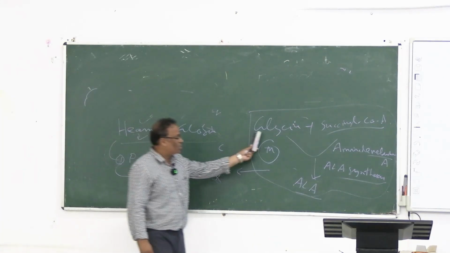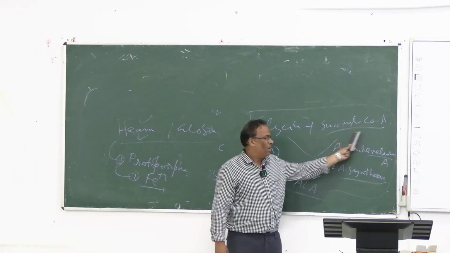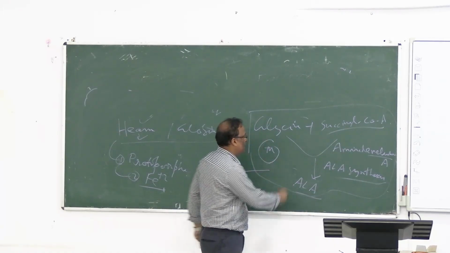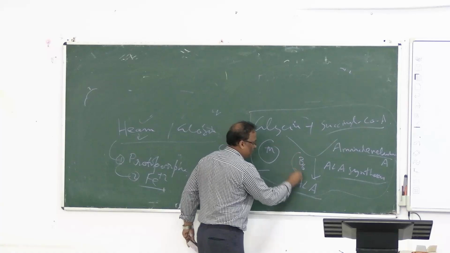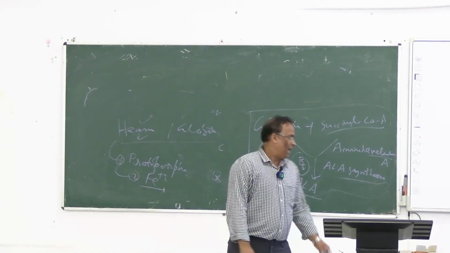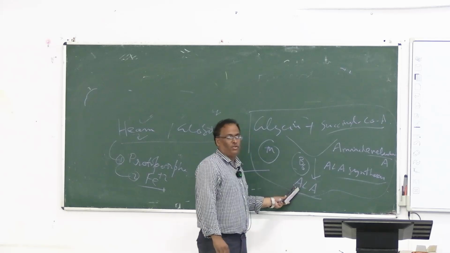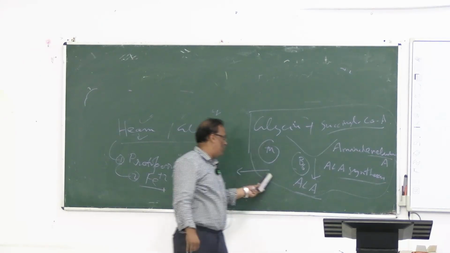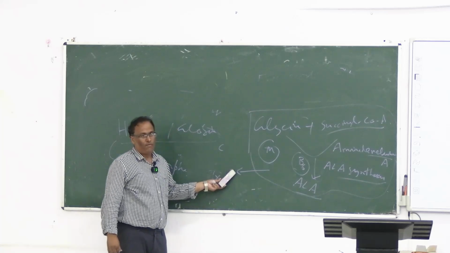That's why I'm telling you glycine and succinyl-CoA, with the help of ALA synthase as well as vitamin B6. Vitamin B6 is the cofactor for this enzyme, required for the formation of amino levulinic acid, which passes out from the mitochondria to the cytoplasm for further processing.